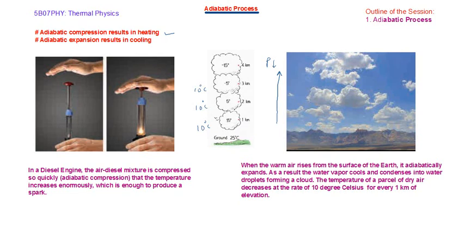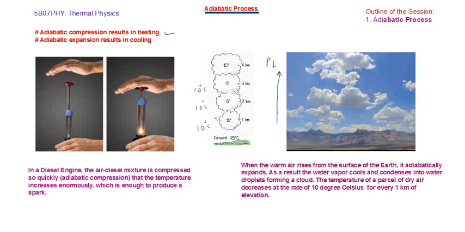So that's about the examples of adiabatic processes. To summarize, I told you adiabatic processes are those processes in which no heat transfer occurs between the system and the surroundings. Usually there are two different ways to make a process adiabatic.